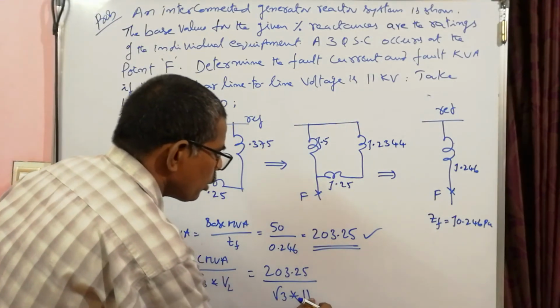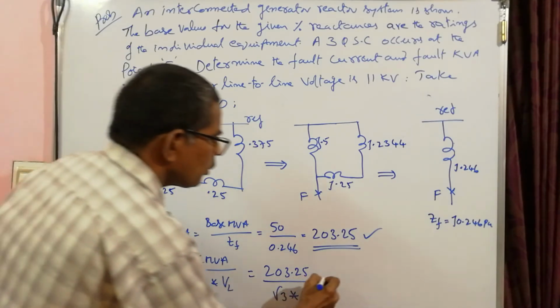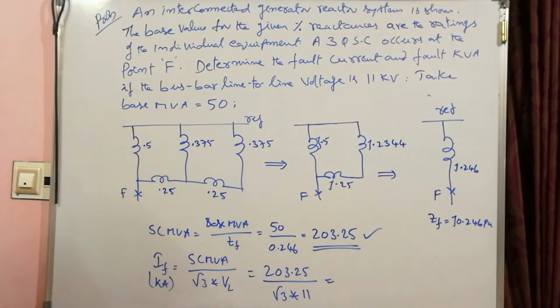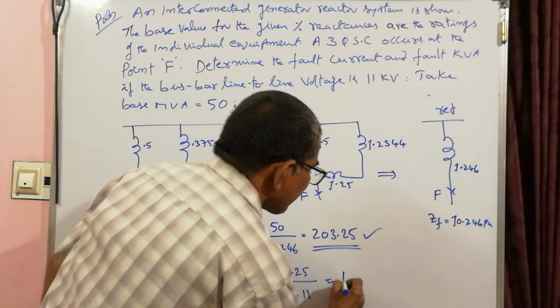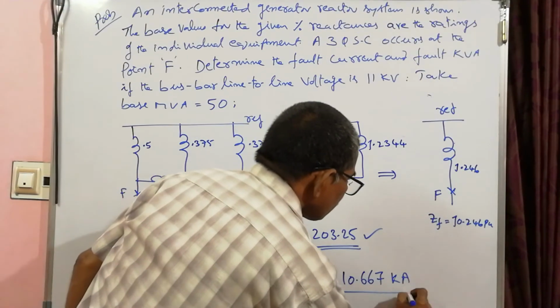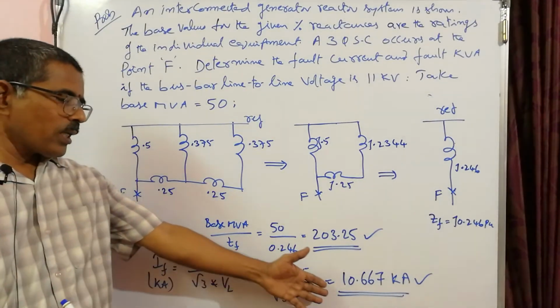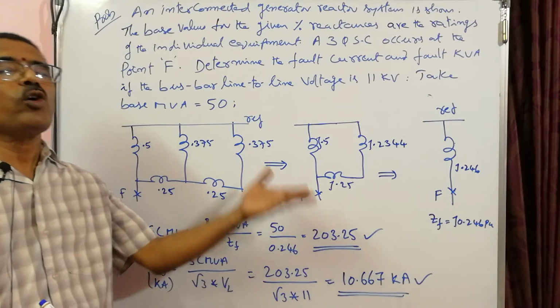If you substitute kilovolts, you will be getting this in kiloamps. Okay, so what is this in kiloamps? IF is 10.667 kiloamps. So you see the magnitude of fault current. Fault current is 10.667 kiloamps.